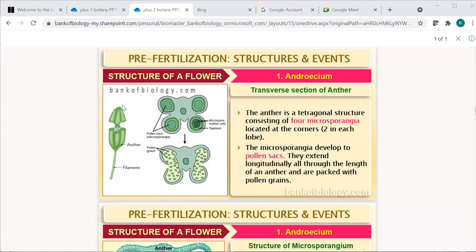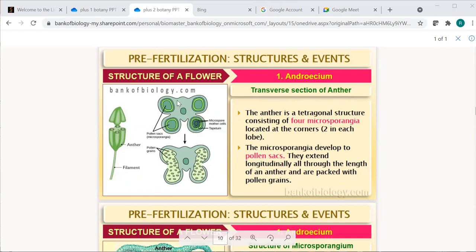What is the thing between which connects the two lobes of anther? It is called as connective. Okay, good. And each lobe has microsporangiae.